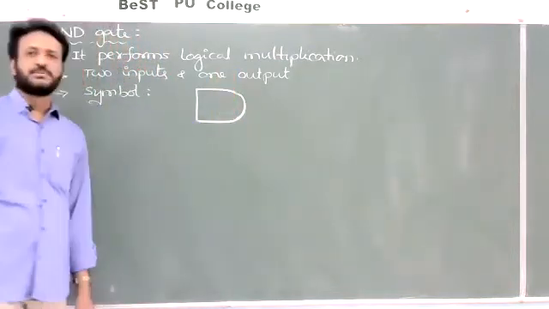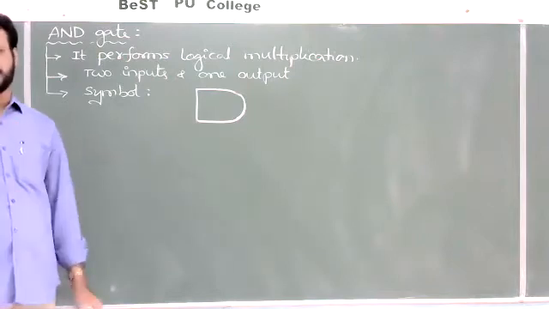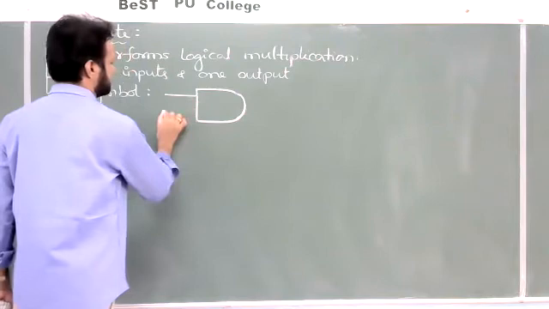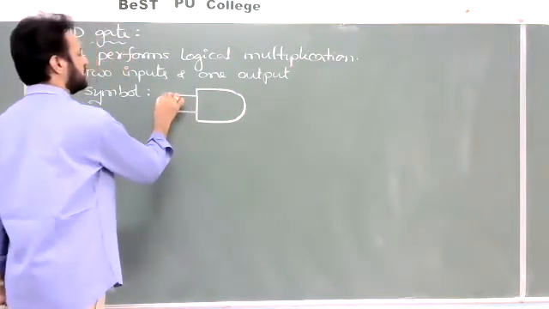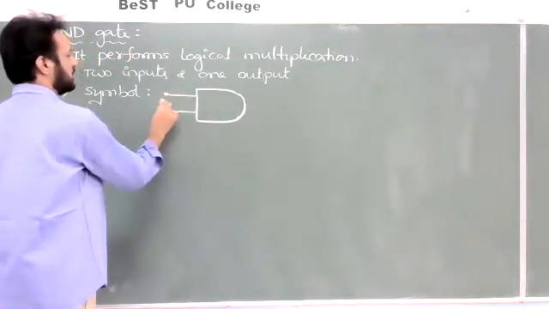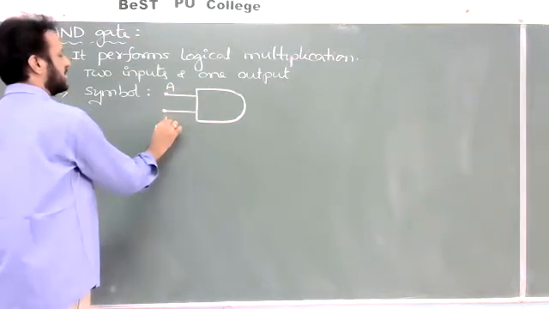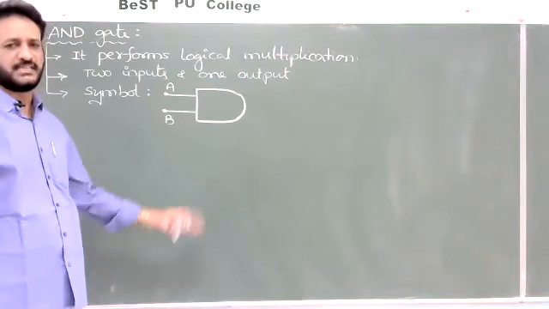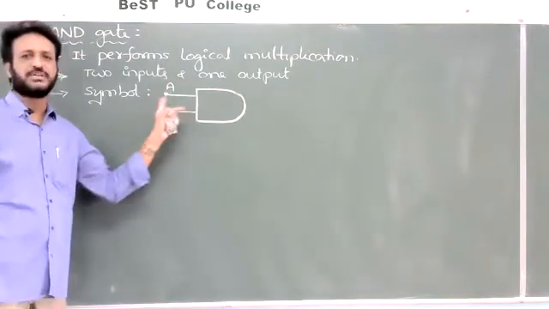So how many inputs are we saying? 2 inputs. So whatever the inputs are, I'll mention here. These 2 lines indicate 2 inputs. One is A, the other we can say B, your choice, X, Y, P, Q, like that. Here A, B both are inputs.